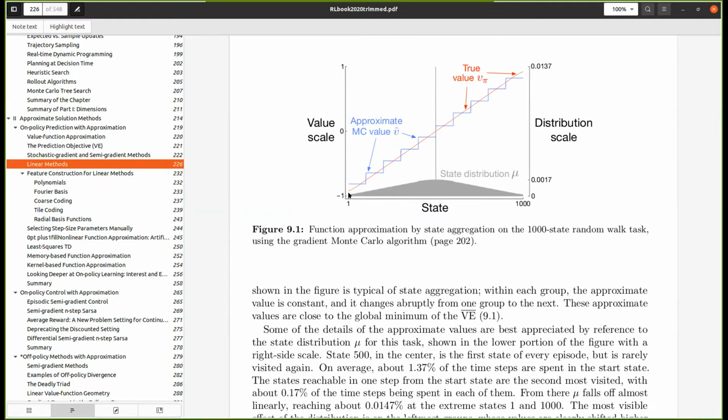But the states closer to the boundaries are less probable, and therefore they have less weight in our approximate function.